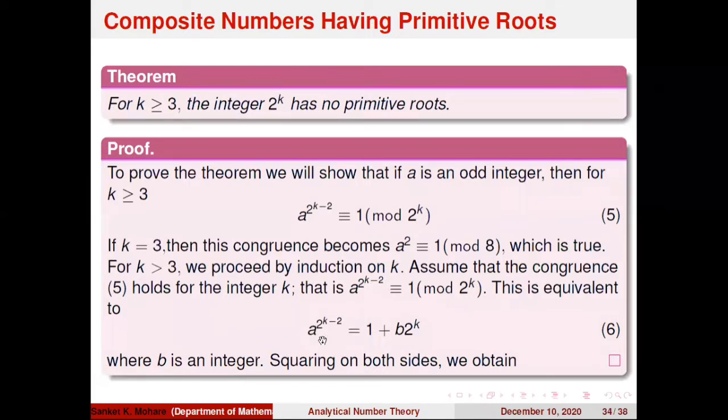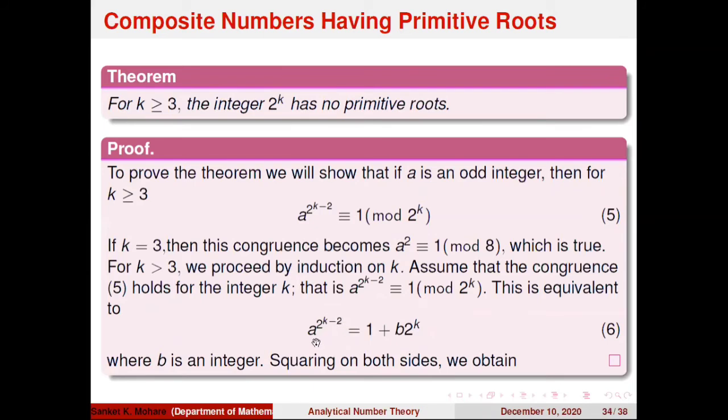Here, look at equation 6. Suppose I put k equals k plus 1 here. Instead of k, if I put k plus 1, what happens? a to the power 2 to the power k plus 1 minus 2, and plus 1 minus 2 is minus 1.